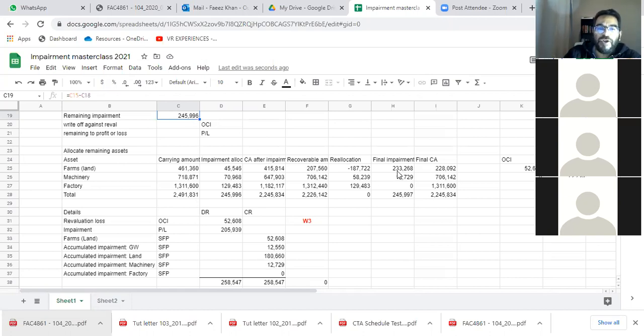In this case, it is 233. As you can see over here, the initial impairment loss against land is 45,000 Rand. You may have thought, I must only reduce revaluation by 45. But no, after the reallocation, the impairment loss against land is 233, which means I could allocate the full 52,000 against revaluation. So just be aware of that.